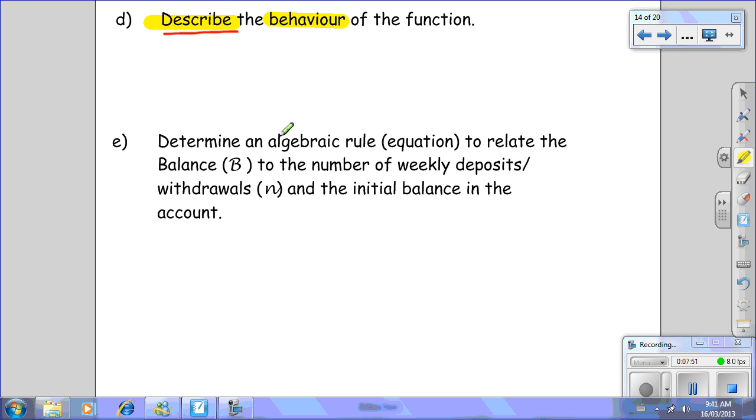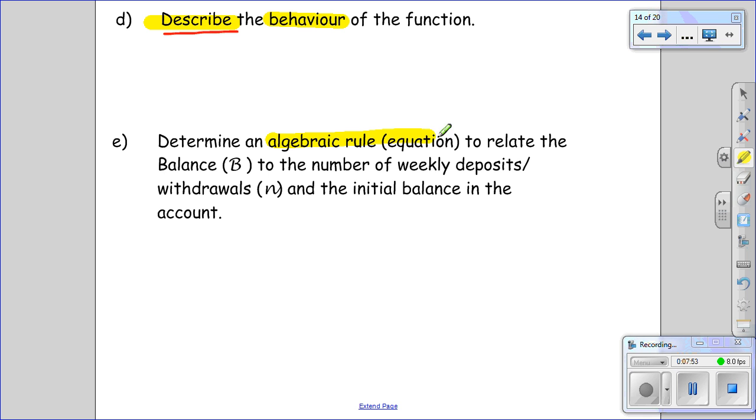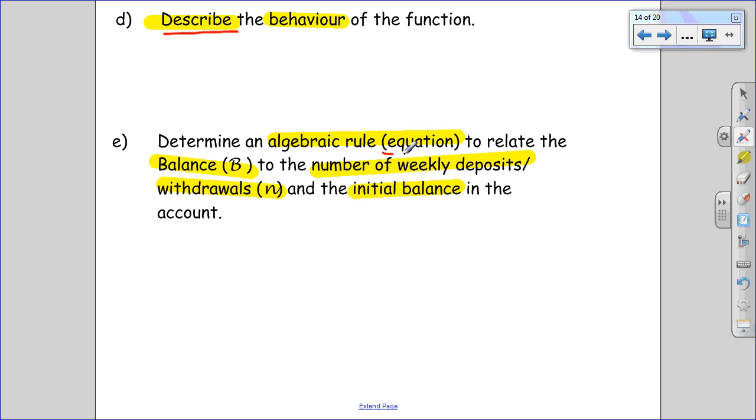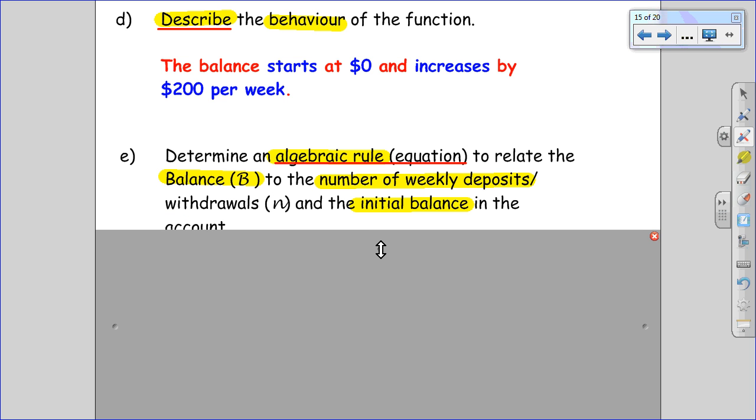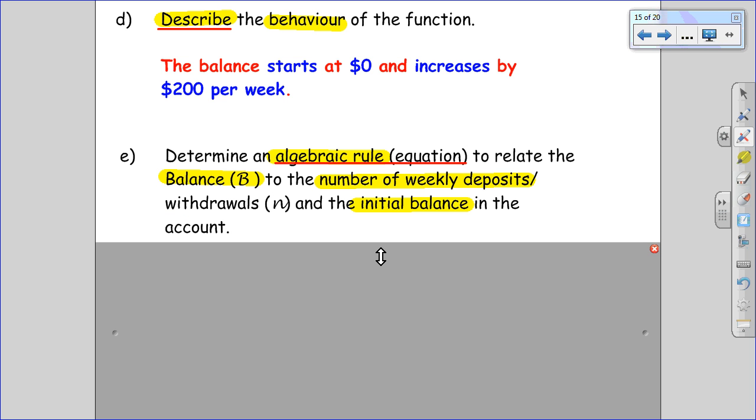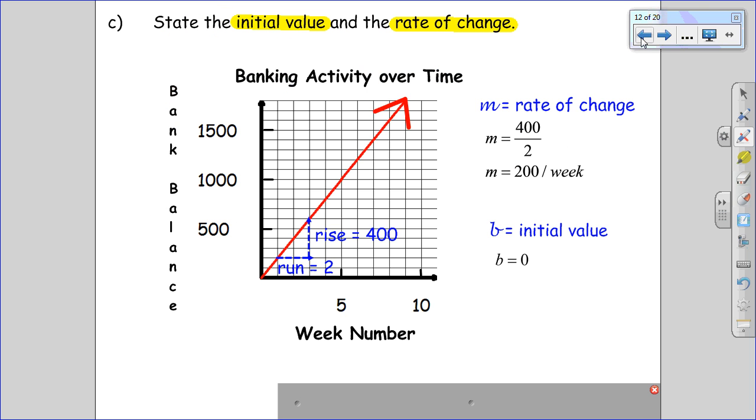Determine an algebraic rule. Remember, an algebraic rule is an equation. It relates the balance to the number of weekly deposits or withdrawals and the initial balance in the account. So ultimately, I'm looking for an equation. Okay. Remember, if I look at the graph, it was linear.